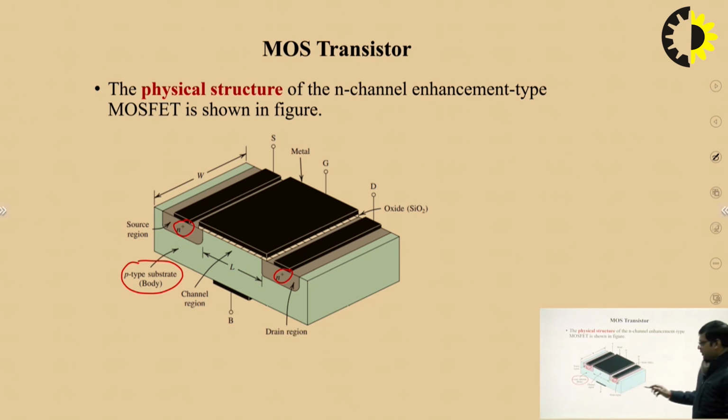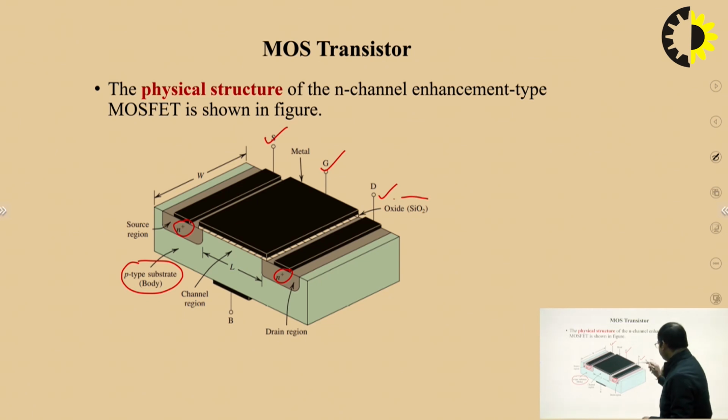As we know, in case of MOSFET, we have three main terminals: source, drain, and gate. The source terminal is here, the drain terminal is here, and then we have a gate terminal. What is special about the gate terminal is that it is separated from the semiconductor substrate by a thin silicon dioxide layer.